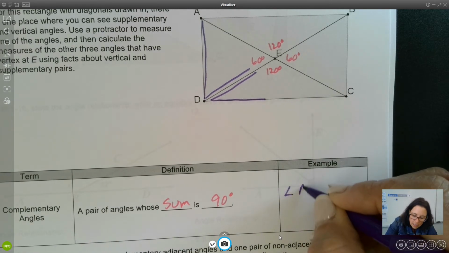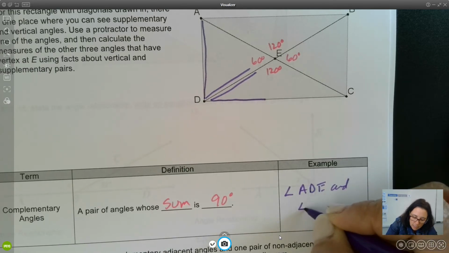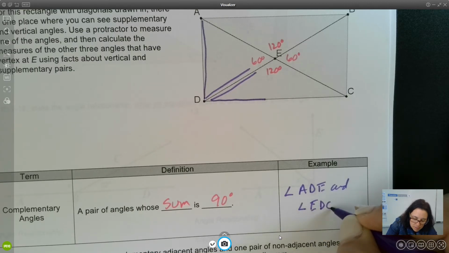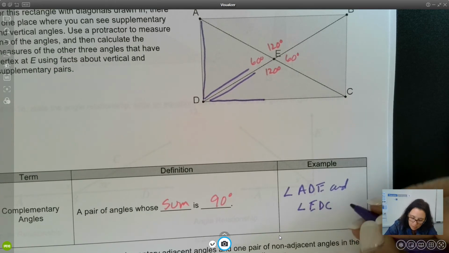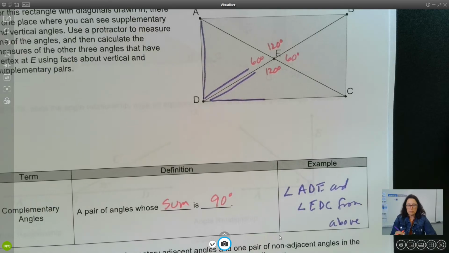So angle ADE and angle EDC. I'm going to put from above. No sense in rewriting a picture. Find and name one pair of complementary adjacent and one pair of non-adjacent angles in the rectangle above.